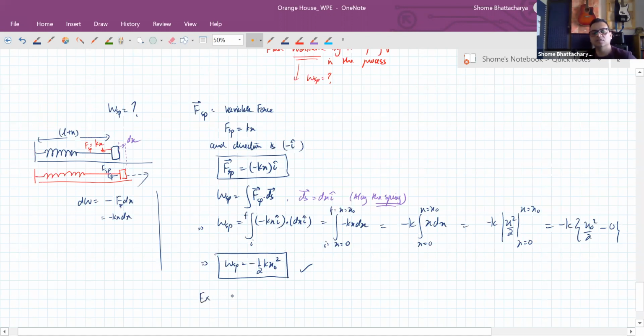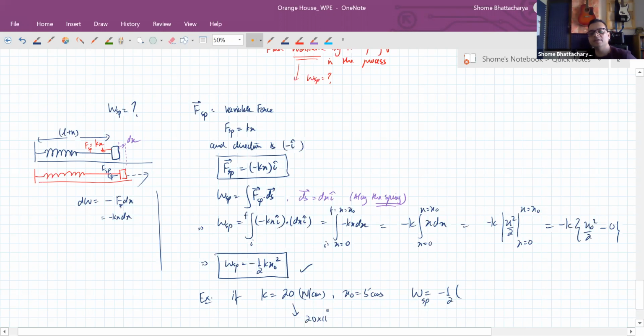So for example, if the spring constant is, let's say, 20 Newton per centimeter, and we are stretching it by, let's say, 5 centimeters, then the work done by the spring will become minus half k. Now this will have to be converted.